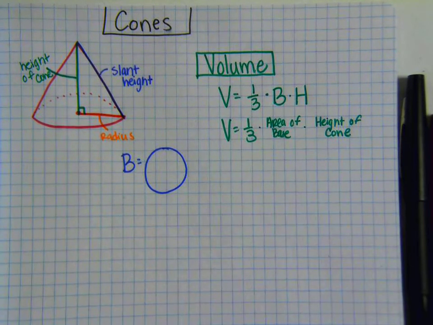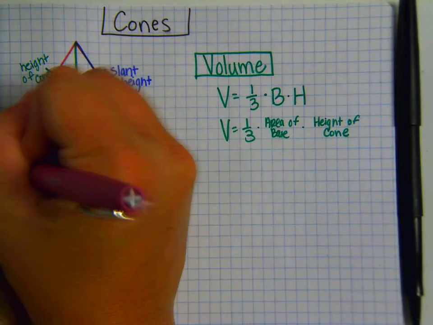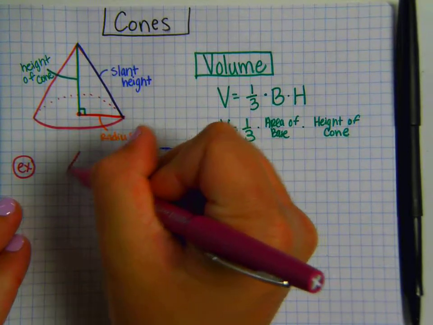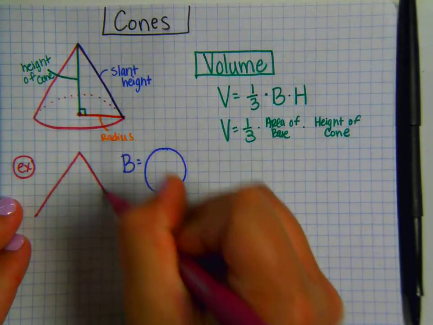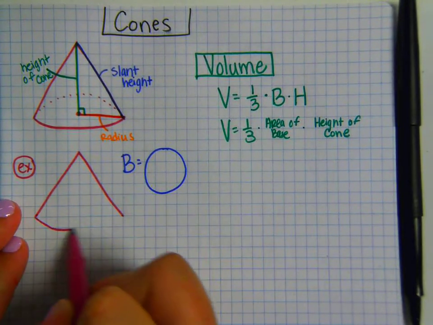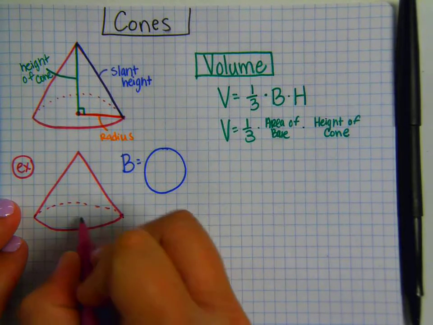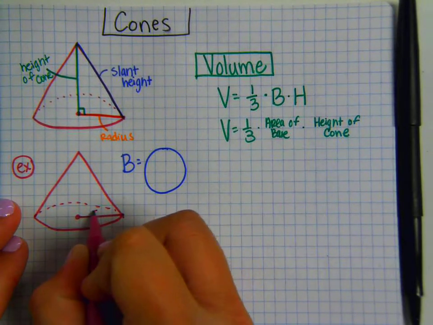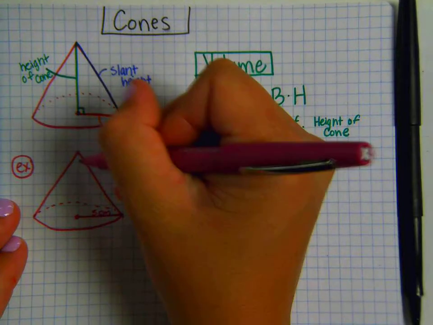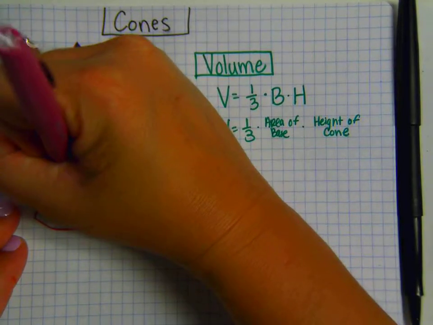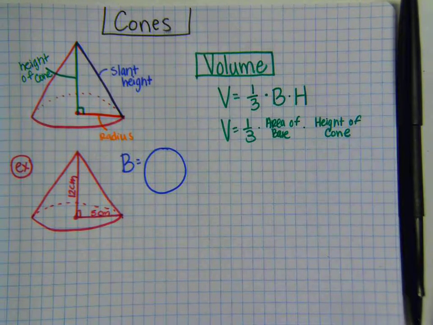Now, I apologize, I did not put values on here, so let's just write a quick example over here so we can find this. Okay, so that's going to be our cone that we find the volume and the surface area for.